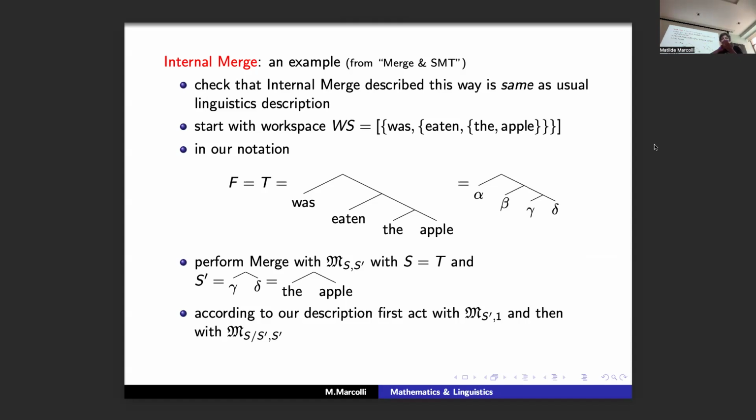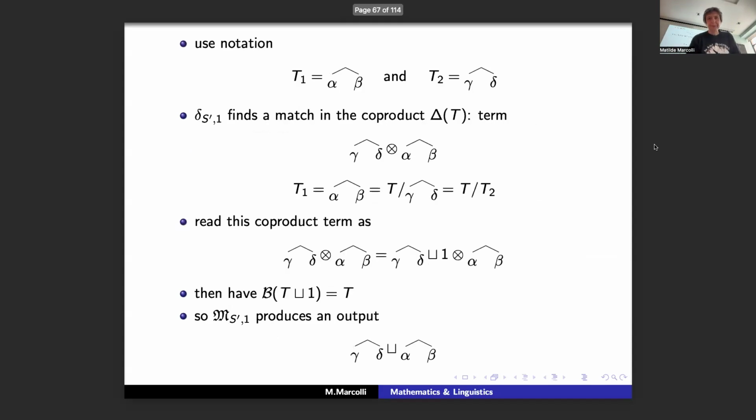So we start with a workspace that has a structure already formed, and first extract something, and then combine it with the second step of the external merge. So we want to extract this substructure and then recombine it together. You can use the fact that merging with the empty set doesn't do anything.